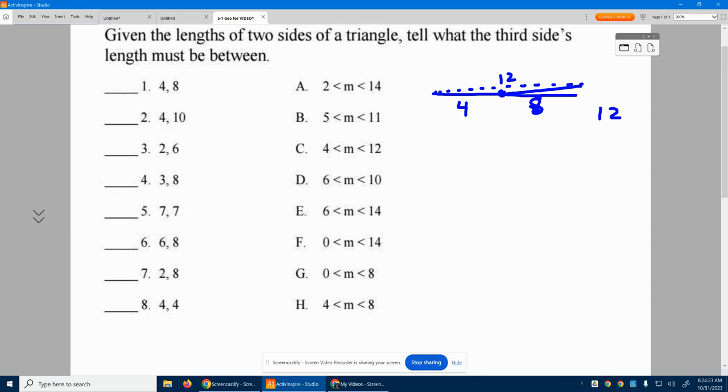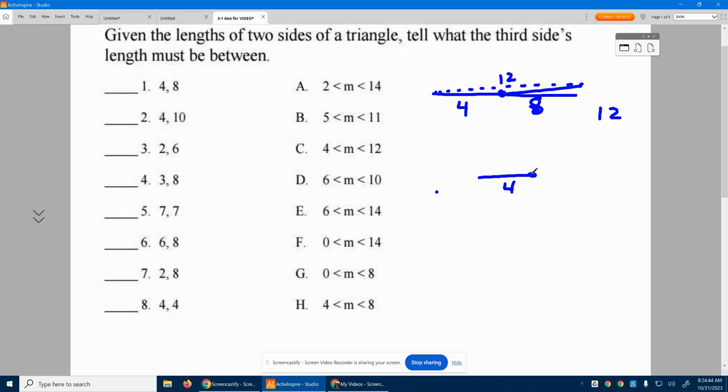Now, the other option is what if I have a leg that's 4? I attach the guy right here and I come right back 8. Well, what's left right here? If you came directly back, it would be 4. So it's going to be a little bit more than 4, obviously. So again, let's say that again. We have 4.